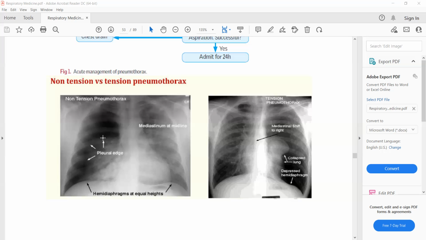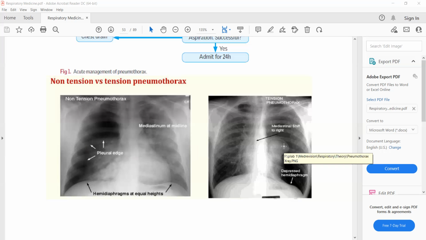So this boundary is the pleural edge, and this all black area is basically air that is present in the pleural cavity. And due to the presence of this air, the pleural edge or the lung is kind of collapsed into a smaller position, and you can see the boundary between these two areas.